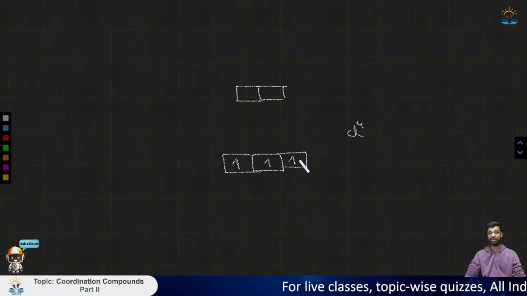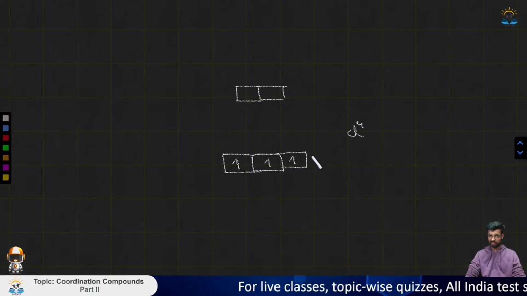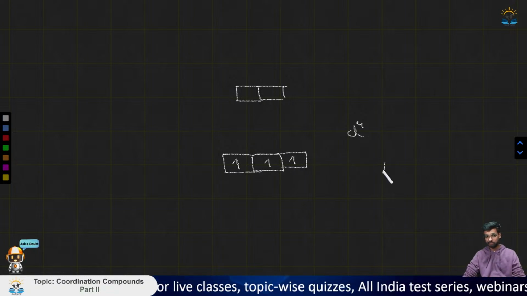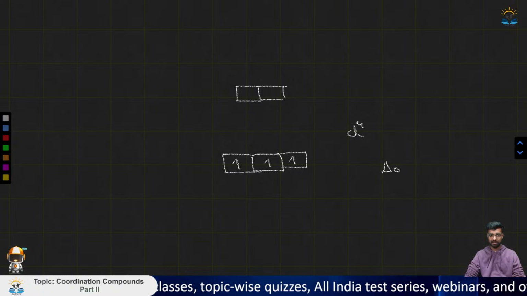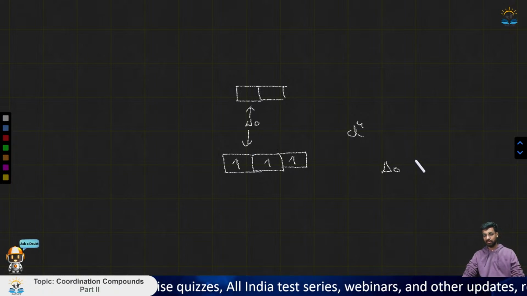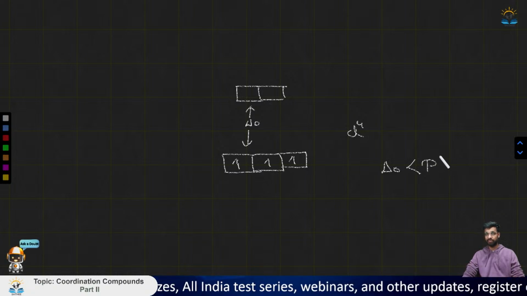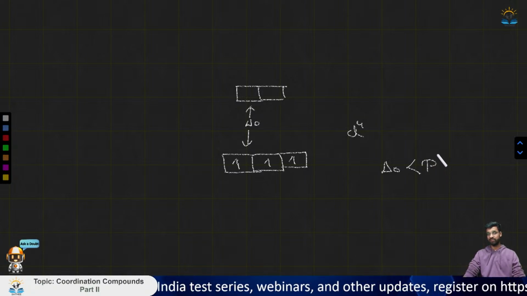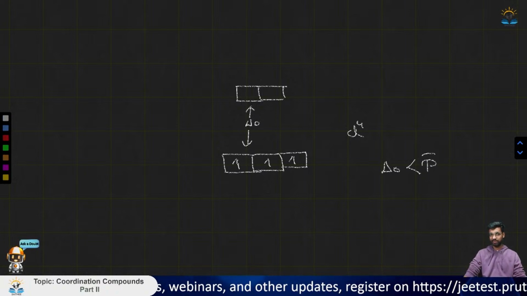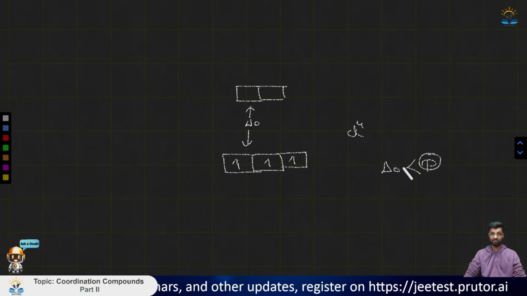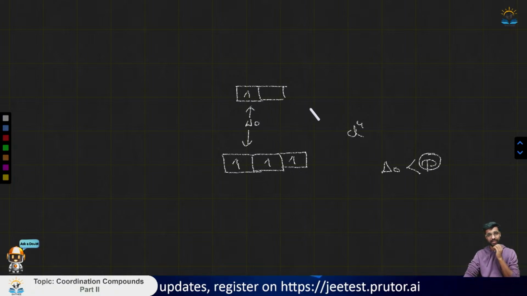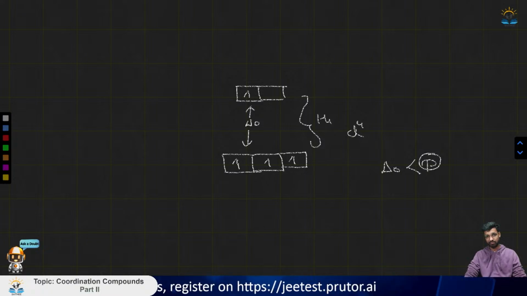Now where will this fourth electron go? It will depend on the strength of the ligand. If delta naught, the energy gap between these, is less than pairing, meaning the pairing energy is high, then it will go to the upside.